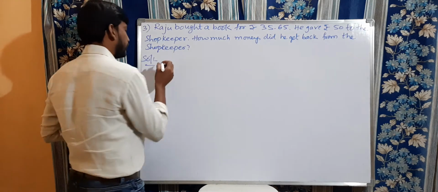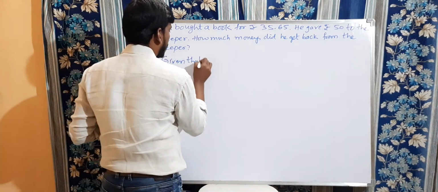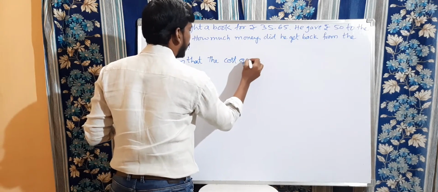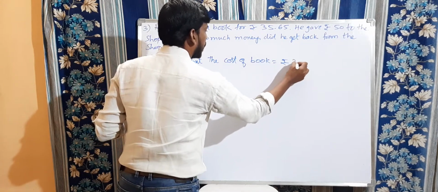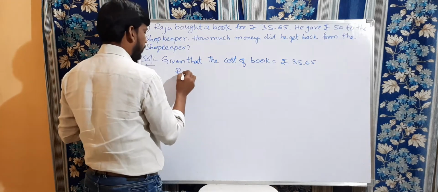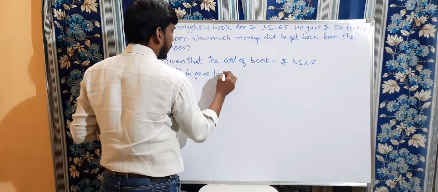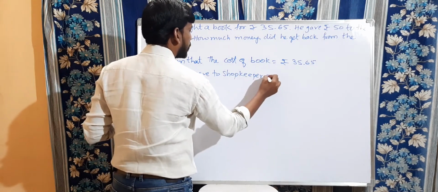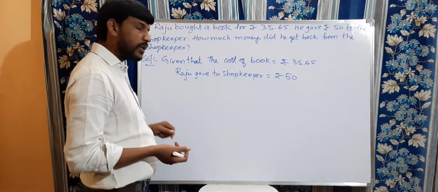Clear? So given that the cost of the book is rupees 35.65, and Razu gave the shopkeeper rupees 50. Which value do we need to subtract from which value?